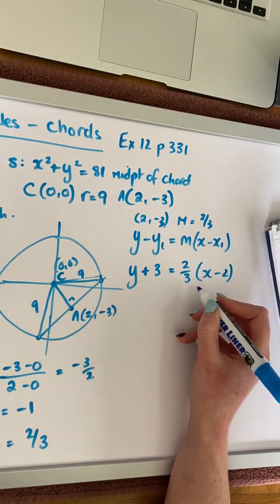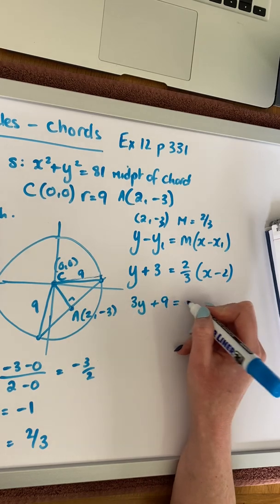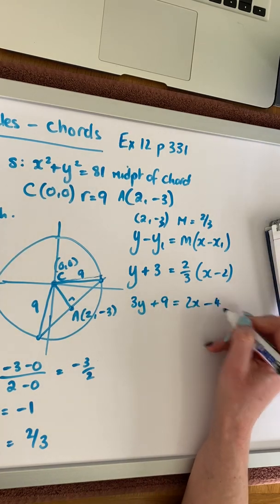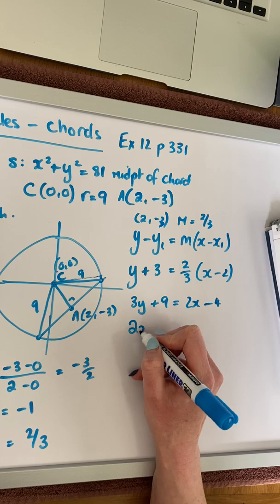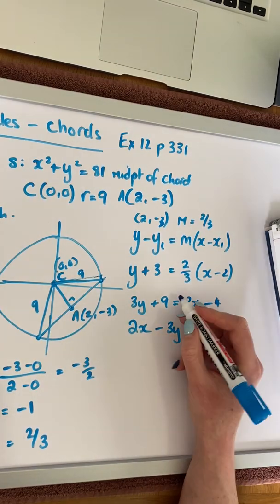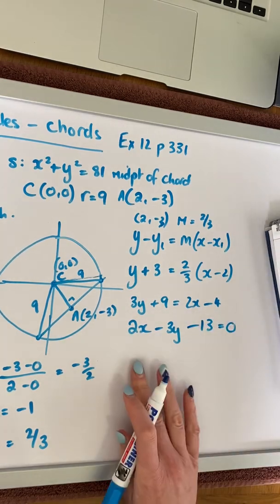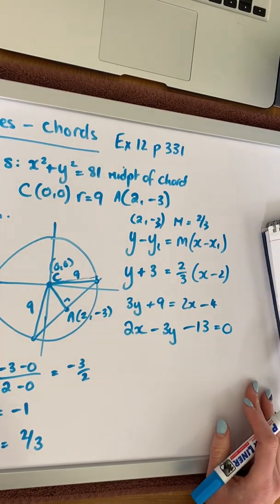Tidying up a little bit, we multiply everything by 3 first of all: 3y plus 9 equals 2x minus 4. Bringing everything to one side, 2x minus 3y, bring the 9 across, minus 13 is equal to 0. So that is the equation of our chord.